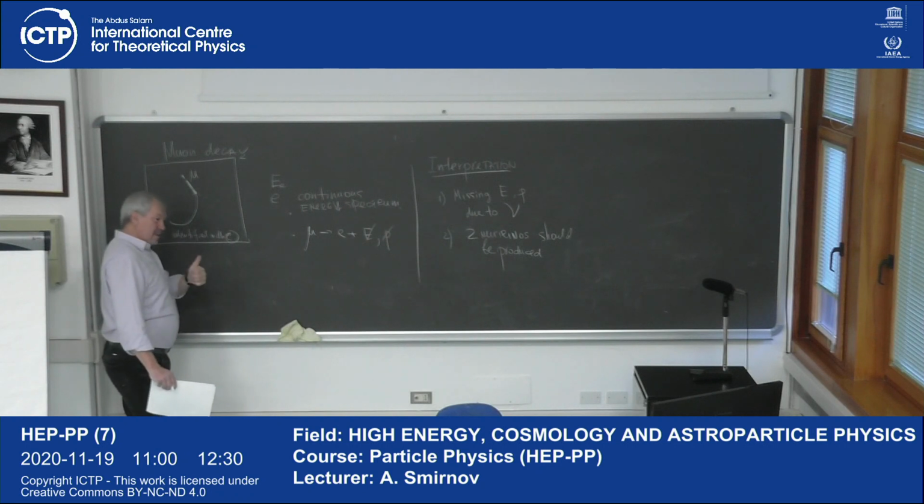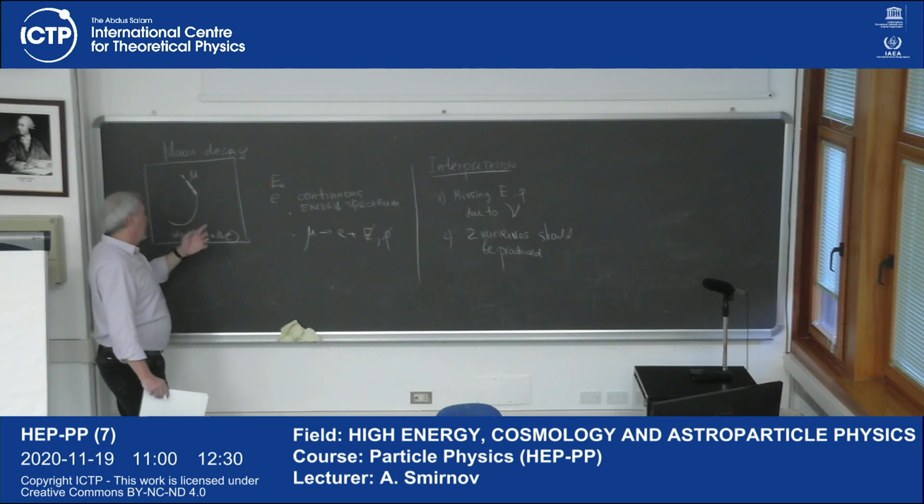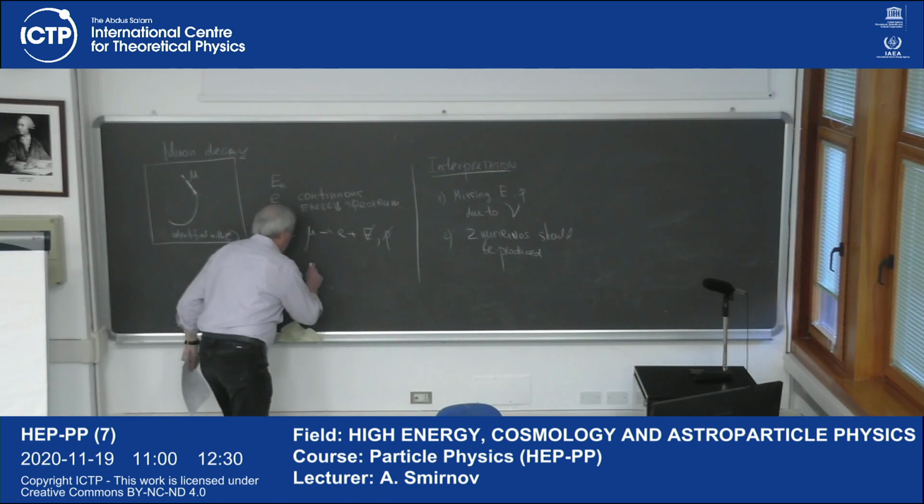If you have just one neutrino, then in all the events the electron should have the same energy, which is roughly half of the mass of this particle. Clear? Let me put it again.